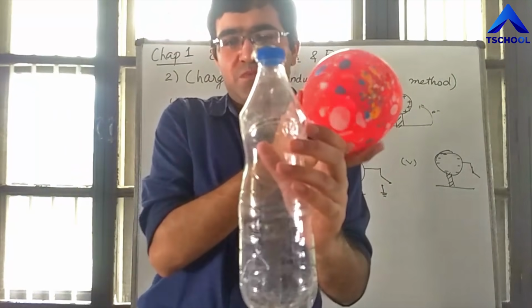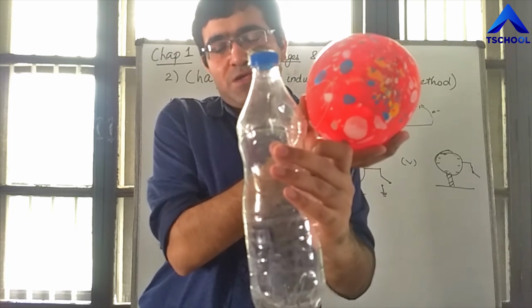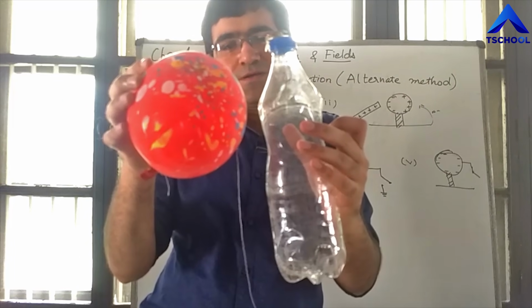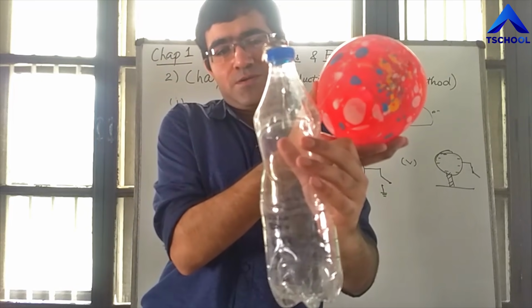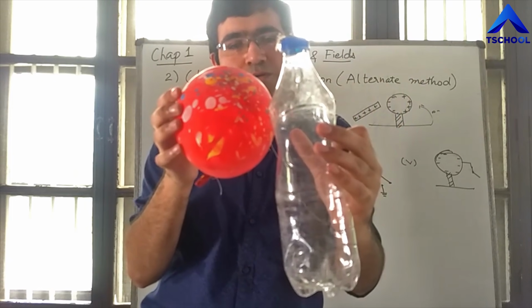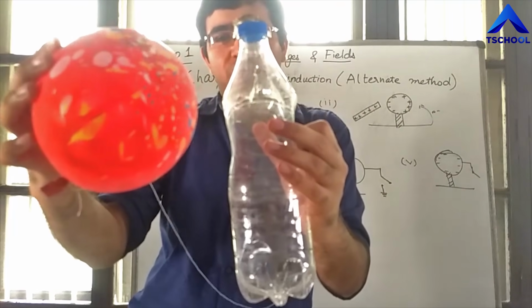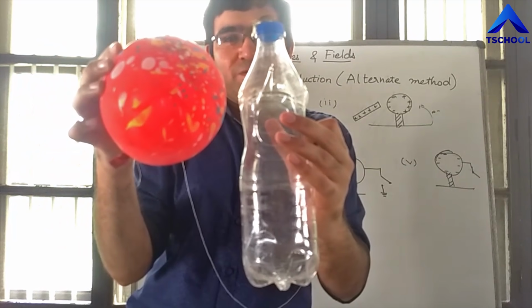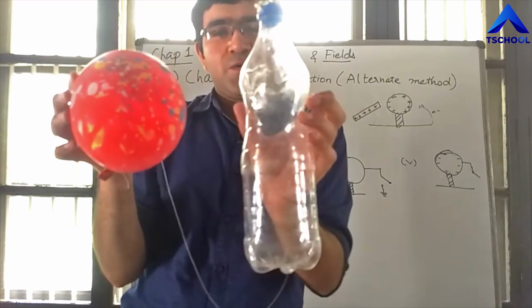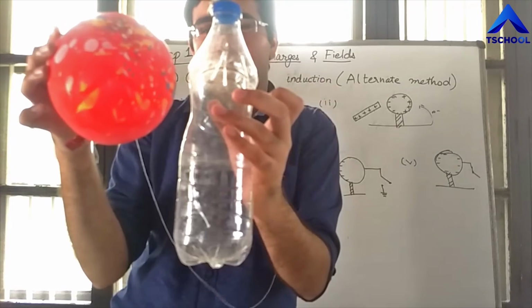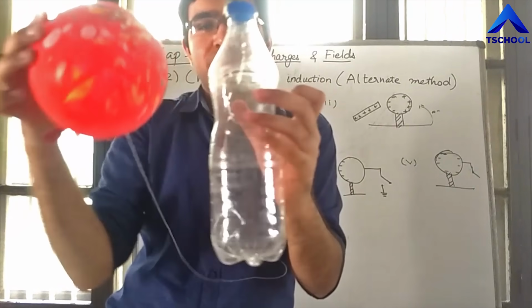Oh, sorry, you won't be able to see that way. Do you see that the balloon attracts the charges? I really hope you can. Have a look here. This is very clear. Okay, so I hope you notice that the balloon is attracting the leaves, right?